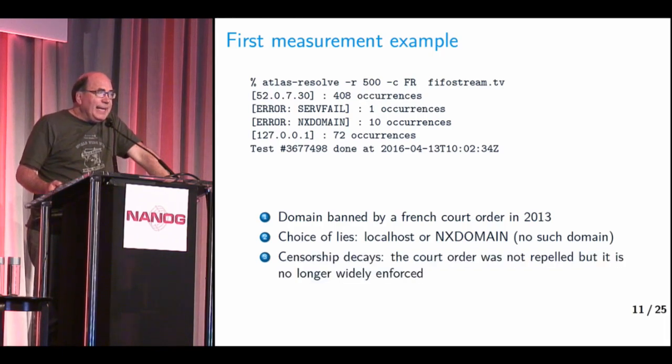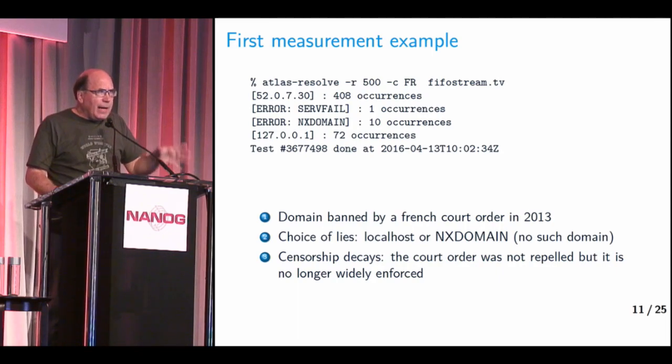We will see later that in some cases, censorship mandates a specific answer. Also, censorship decays with time. The court order was made in 2013, and at this time, there were something like 50% of the Atlas probes in France who saw the censorship. Now it's 15%, something like that. Because many people who implemented this court order had some sort of timeout system that made it automatically or manually removed after a time.